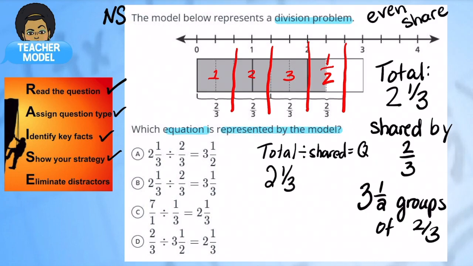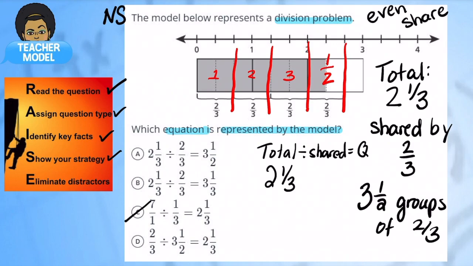So because of that, I can absolutely eliminate this distractor, the 7/1. It doesn't make sense in this context. I don't have 7 being evenly split. I have 2 1/3. I understand why they picked 7. It makes sense because I have 7 pieces here. 1, 2, 3, 4, 5, 6, 7.